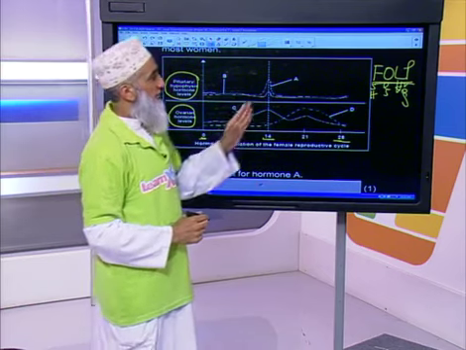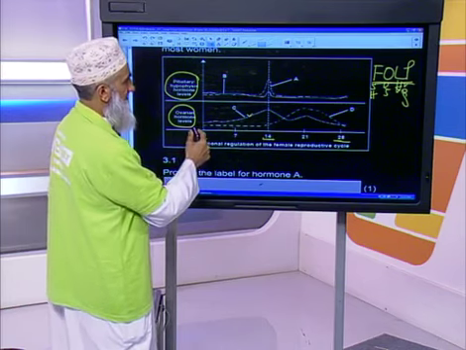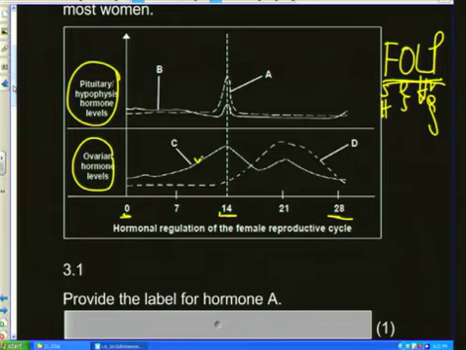So we look at the one that increases first in the cycle, and that would be this one here, that's high, that's B. And then this one here, A, peaks in the middle of the cycle. You're looking at it where it's increasing.